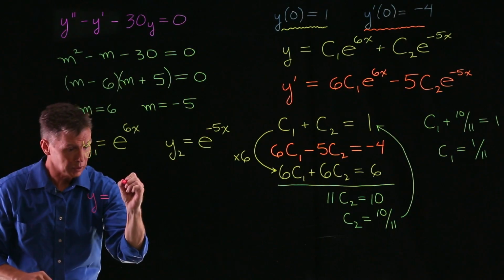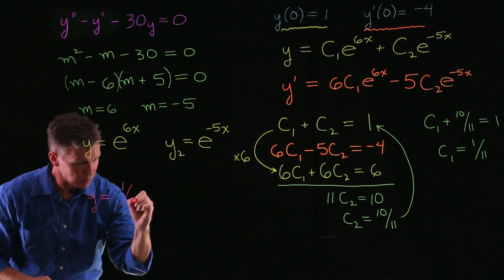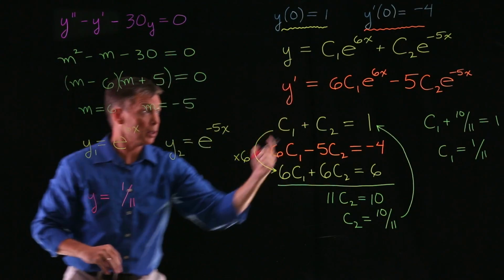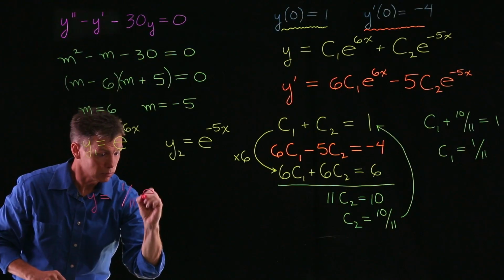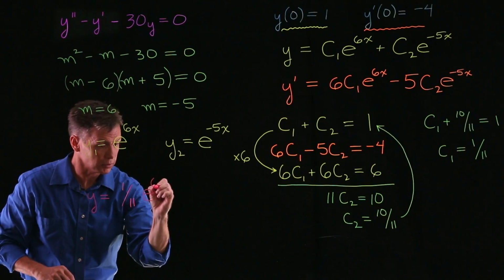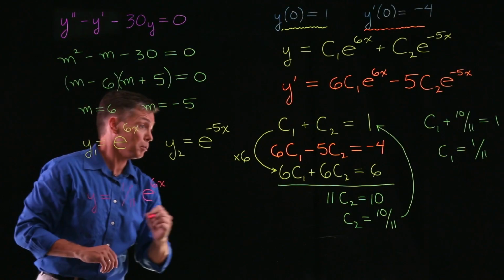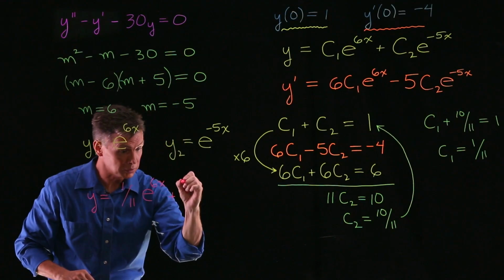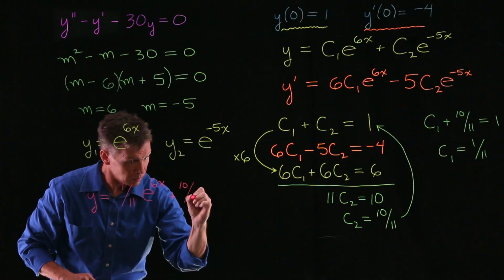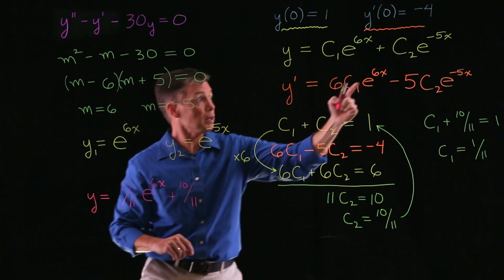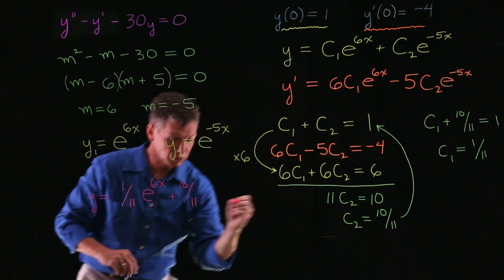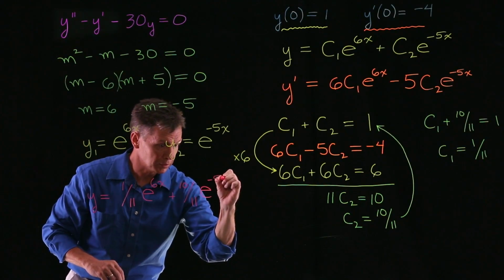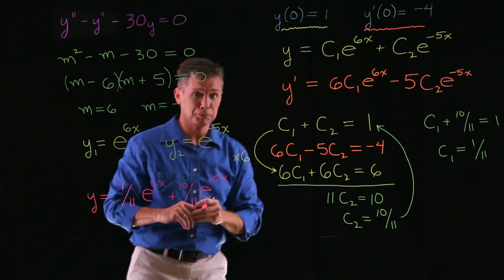C1 was 1/11, times e raised to the 6x, and then plus my C2 that I now know is 10/11 times e raised to the negative 5x. And that's it. That's our particular solution.